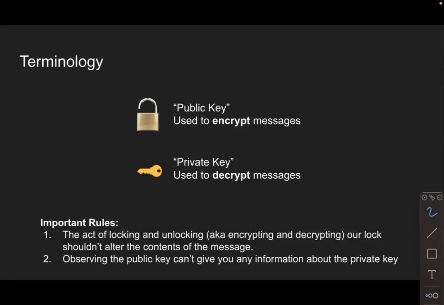And as I said before, observing the public key shouldn't give you any information about the private key. Having access to that padlock doesn't mean you're able to unlock it. Having access to an open padlock shouldn't give you any information about how to unlock it when it is locked.